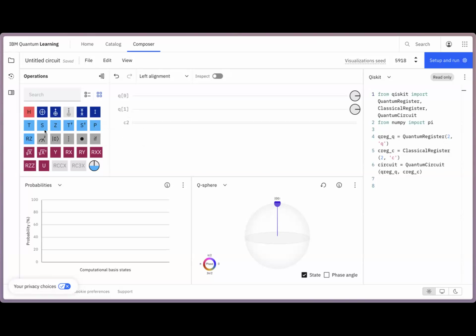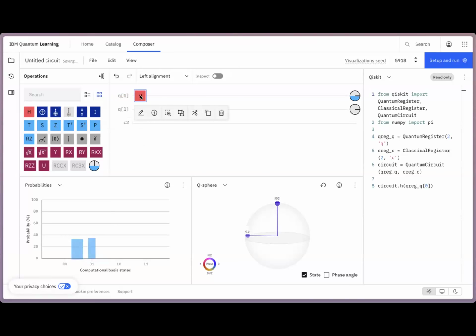First I'm going to apply the Hadamard gate. This creates the superposition. As you can see, we have the intermediate state from the maths that we saw: 0,0 and 0,1. Also just notice the sequence: the endianness is flipped.